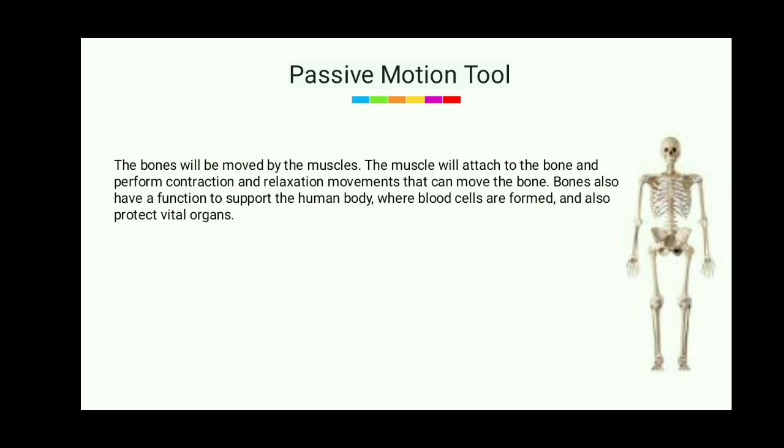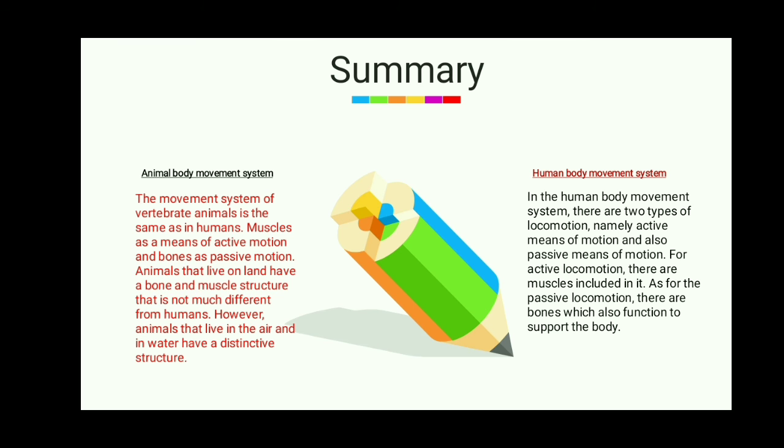Bones in the human body can be distinguished in various ways, namely based on form, based on the constituents, and based on the body frame. Then, the summary. Animal body movement system.